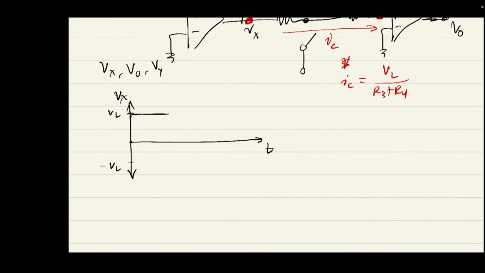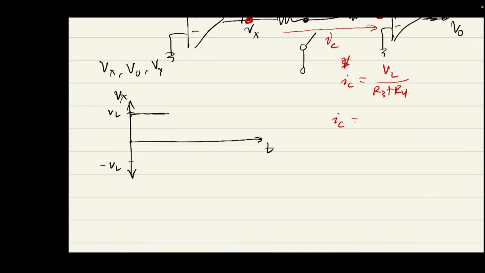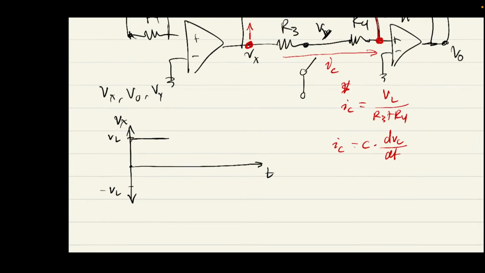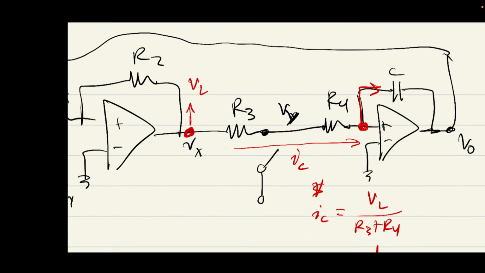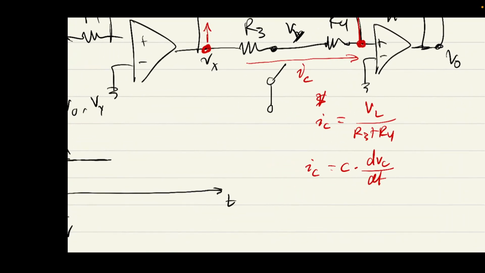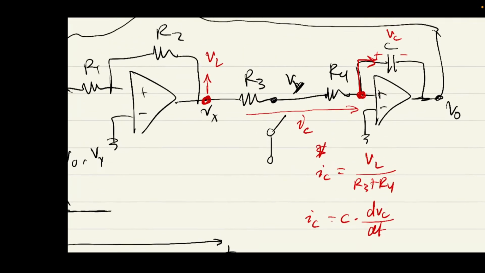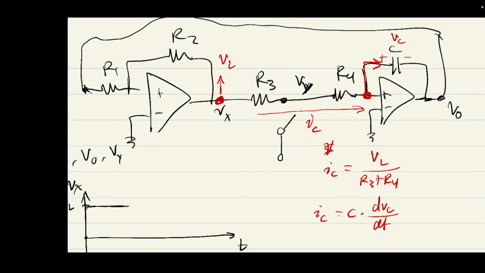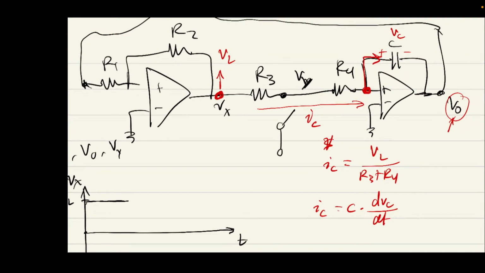Now, there's another expression for IC that we can use. IC is also the capacitance times the derivative of the voltage across the capacitor with respect to time. This is VC. Well, we actually don't care about VC, we care about VO, right? So what is the relationship between VO and VC?